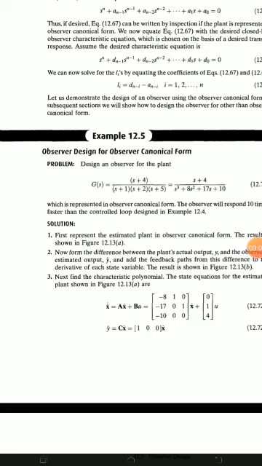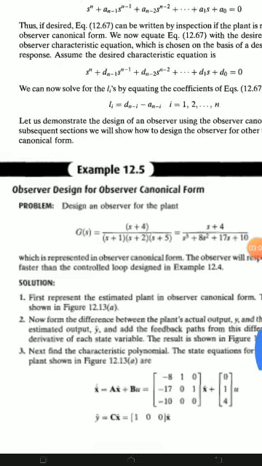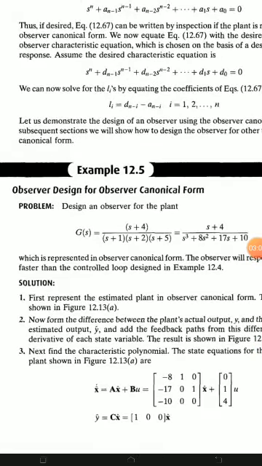Now the matching coefficient method in the observer design case is applicable only if the plant is represented in observer canonical form, whereas in controller design, the matching coefficient method was applicable only if the plant was represented in the phase variable form. Now here it is observer canonical form.